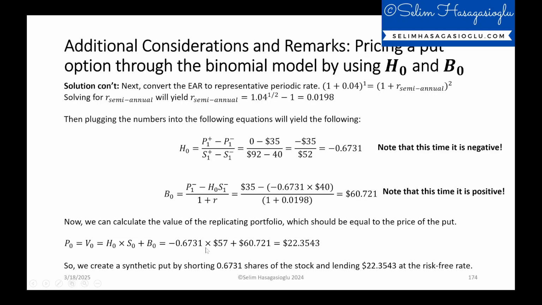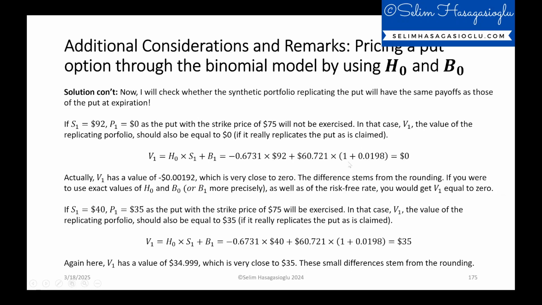Just plug the numbers into the equation. So the P0 value or V0 value will be $22,353. So we create a synthetic put by shorting 0.6731 shares of the stock and lending $22,353 at the risk-free rate.